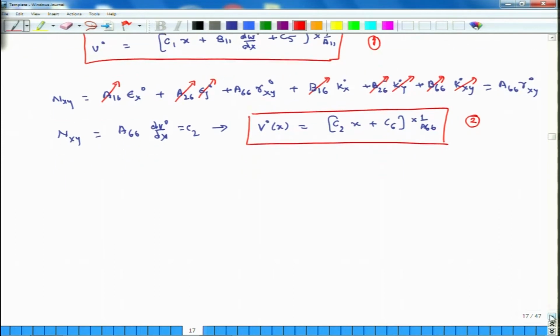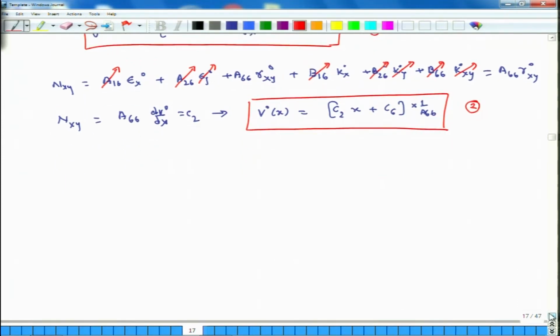Next, look at Mx. So, Mx equals B11 epsilon x naught plus B12 epsilon y naught plus B16 gamma xy naught plus D11 kx plus D12 ky plus D16 kxy.